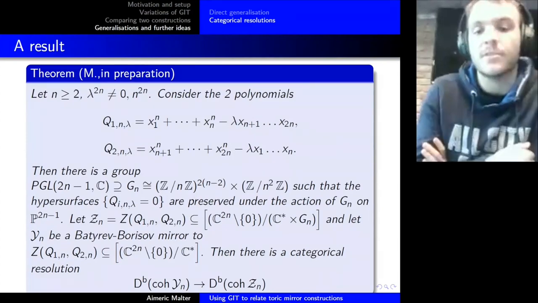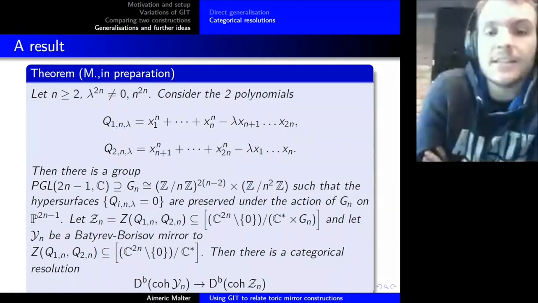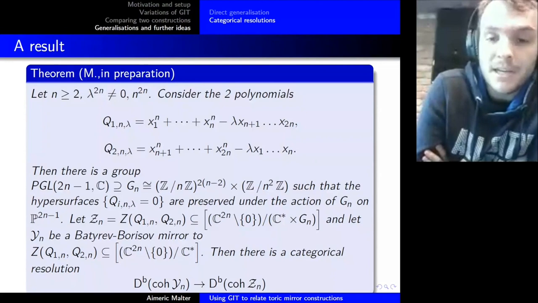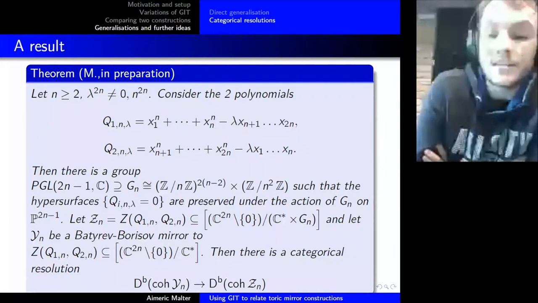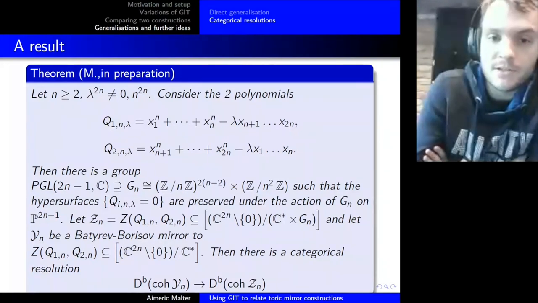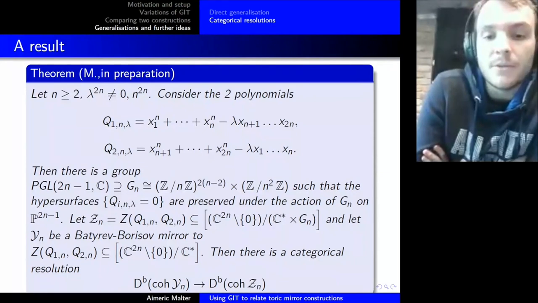And here is the result in preparation, which is exactly saying: I picked the two polynomials which I thought would be great generalizations, and I take the pencil over them as long as we stay away from a couple of critical points. Then we have this group I described earlier that leaves the hypersurfaces untouched.